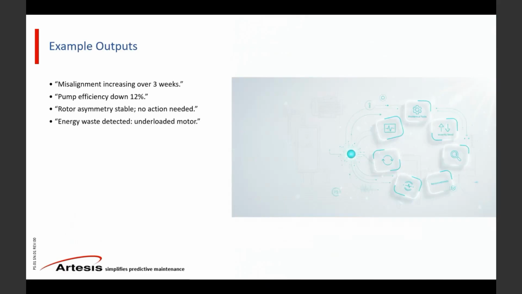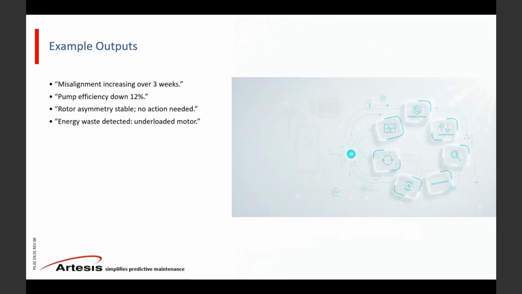So now, to make this more concrete, of course, I'm going to do some live demos as well, but here are the kinds of outputs that the system can produce, basically instantly. It can say things like, misalignment pattern has been increasing over the past 3 weeks, so not just the alarm, but what is changing and over what time window. Pump efficiency is down about 12%, most consistent with hydraulic restrictions.